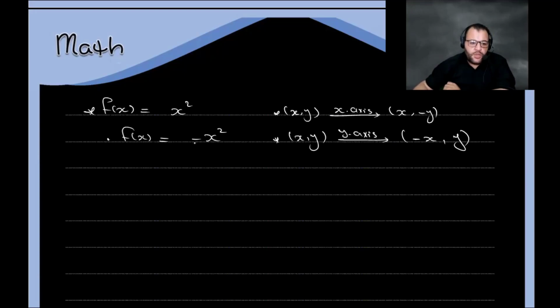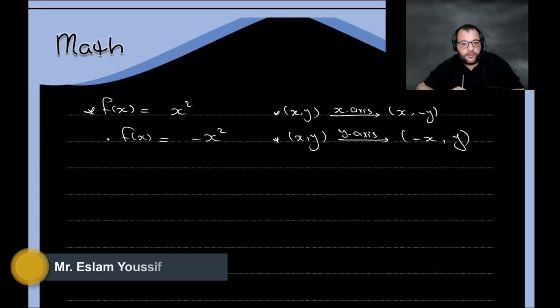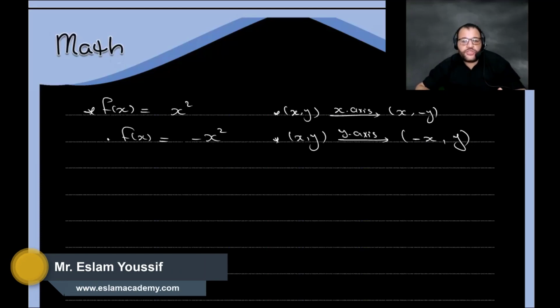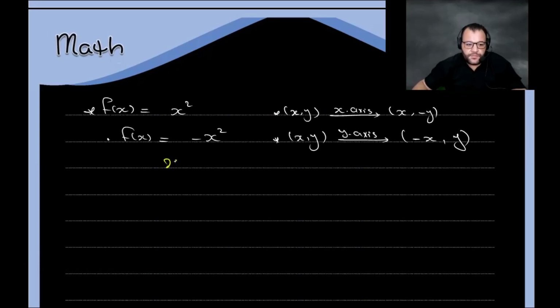So now we have here just multiplying by negative times x. Outside the bracket, it means it affects y. Because it affects y, the change in y means we have reflection across the x-axis. But when I say f of x equals negative x all to the power 2, now we change inside the bracket.